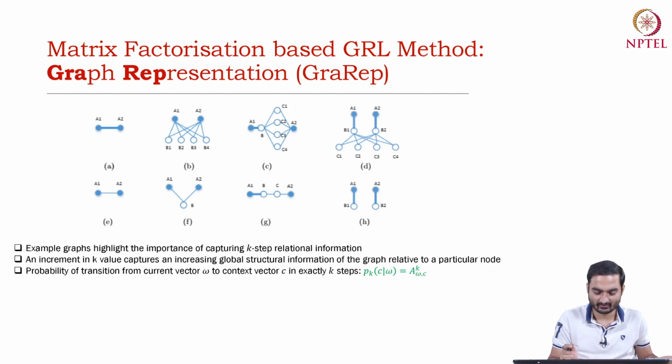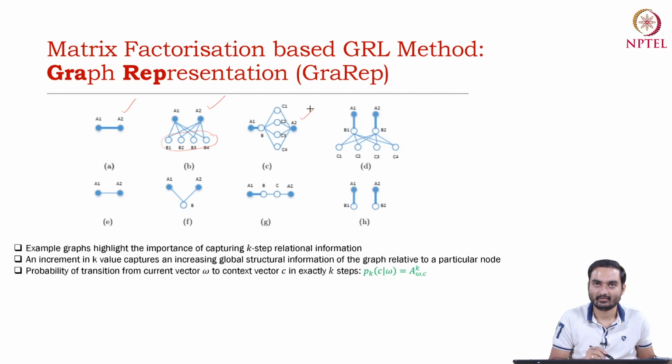The idea in GraRep is that you try to capture different levels of proximity. Say two nodes are directly linked, therefore they are similar. If two nodes are not directly linked, but all their neighbors are the same, they are also similar.